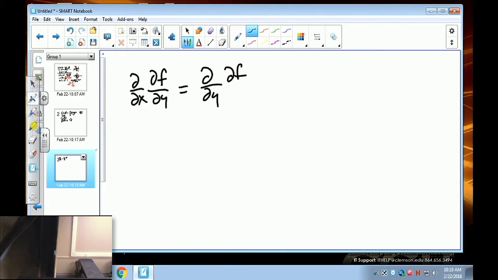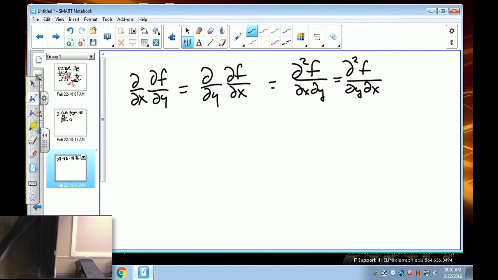This is a second derivative. It's first a partial derivative along x and then a partial derivative along y, and then we do it in the opposite order. We take the derivative along y and then along x. And this can be written shorthand either this way or this way. So this is a second derivative, but unlike the second derivatives that you're used to doing in one dimension, this is a mixed partial derivative. It's called mixed partial.